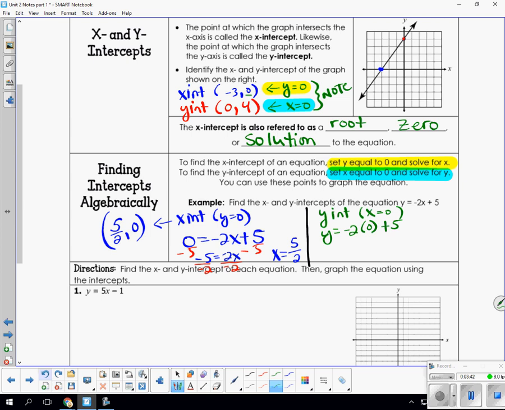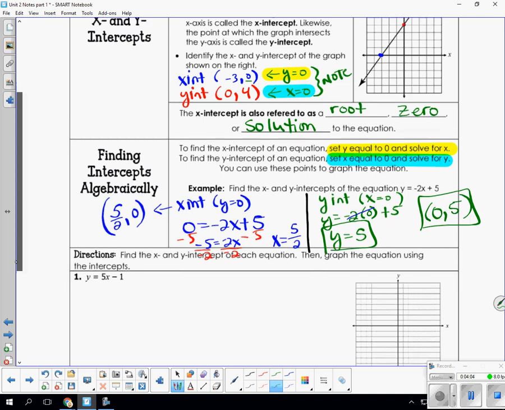So -2 times 0 is gone, and we have y equals 5. So the ordered pair for my y-intercept then is going to be 0, 5. It can be written as y equals 5, or it could be written as 0, 5, the ordered pair.